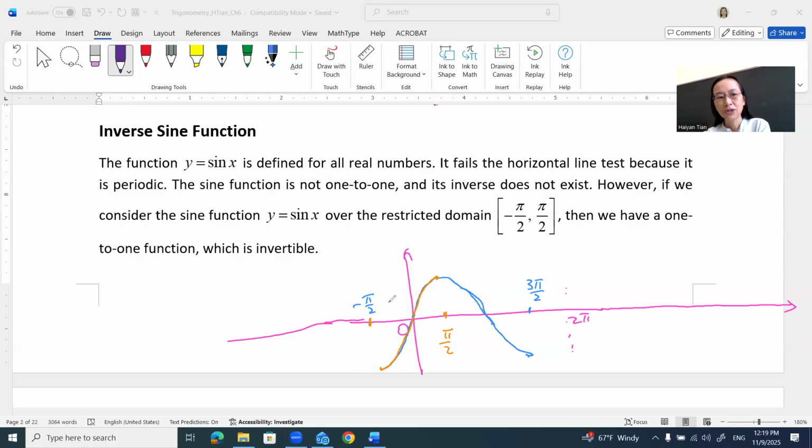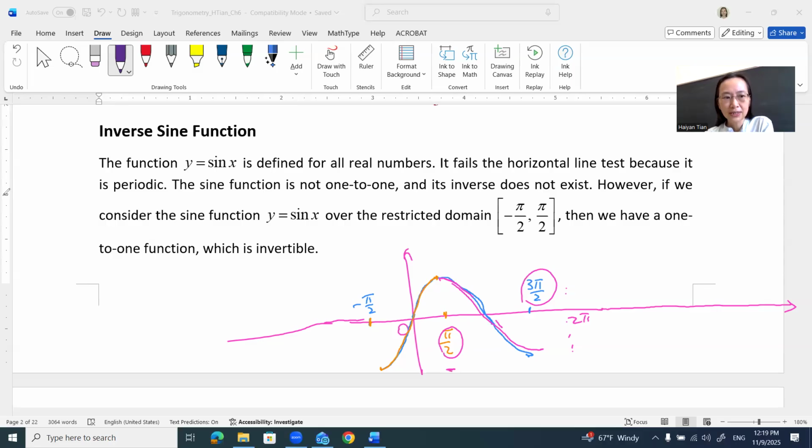Or you can look at another interval, from positive half of pi to 3 pi over 2, the other branch. It doesn't matter which one, either branch is strictly increasing or decreasing. So let's just use the first branch.